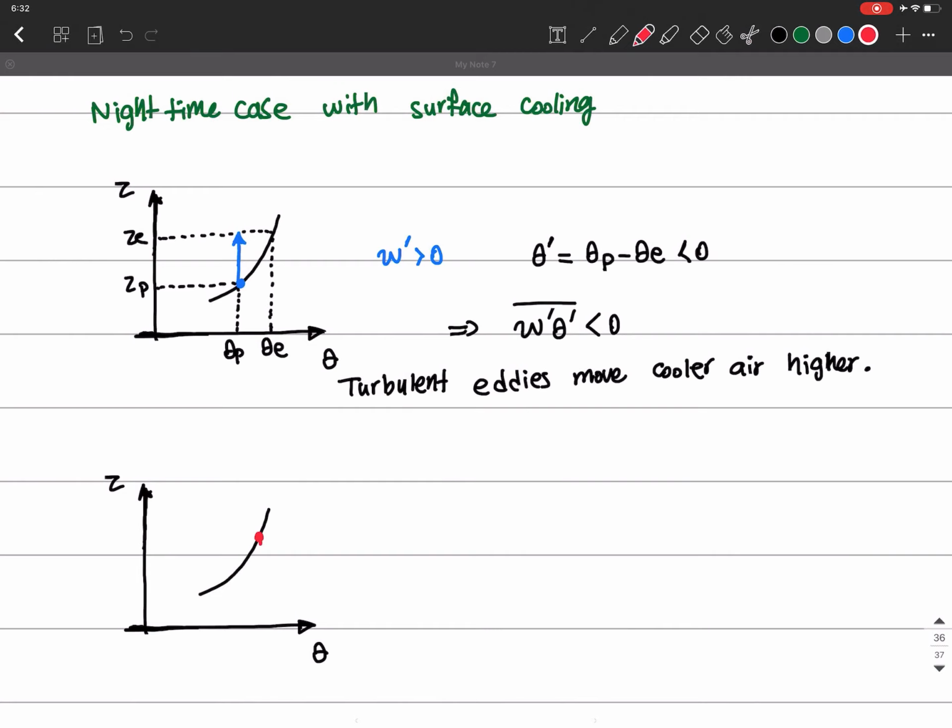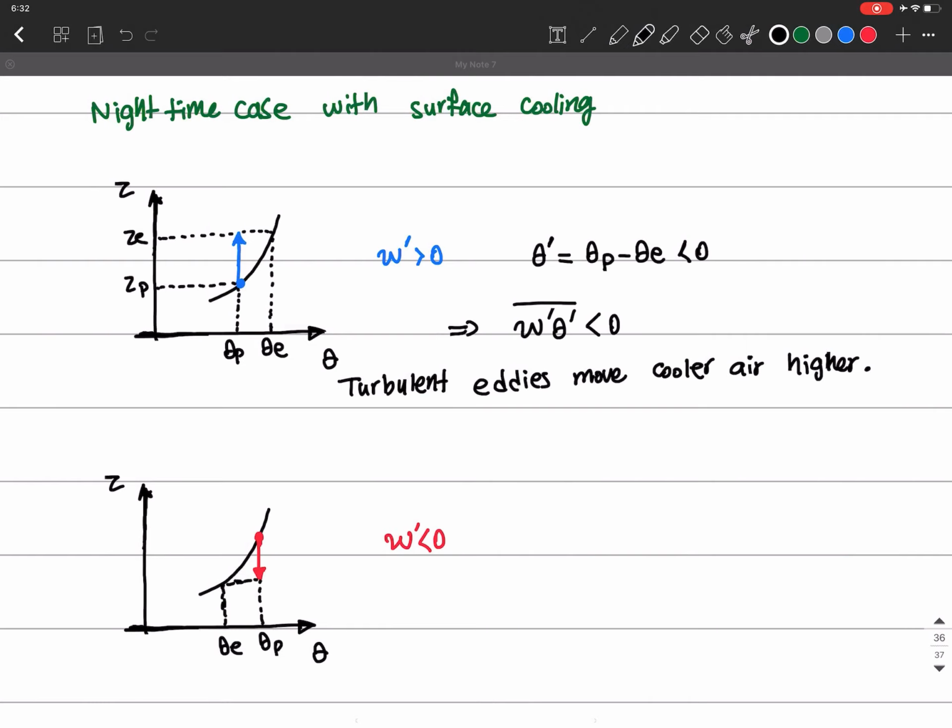This moves downward, so W prime is negative. So this is theta P and this is theta E.